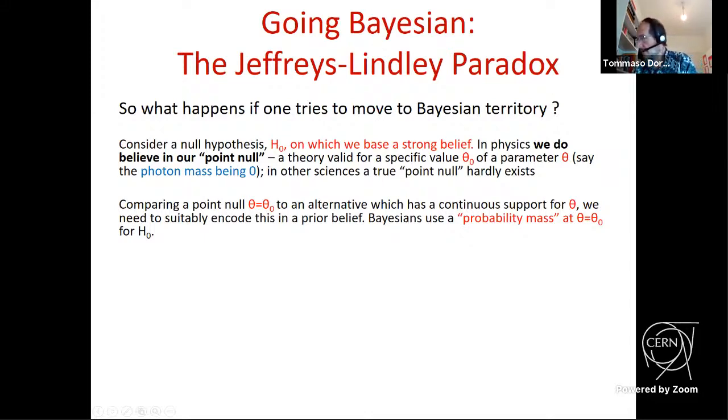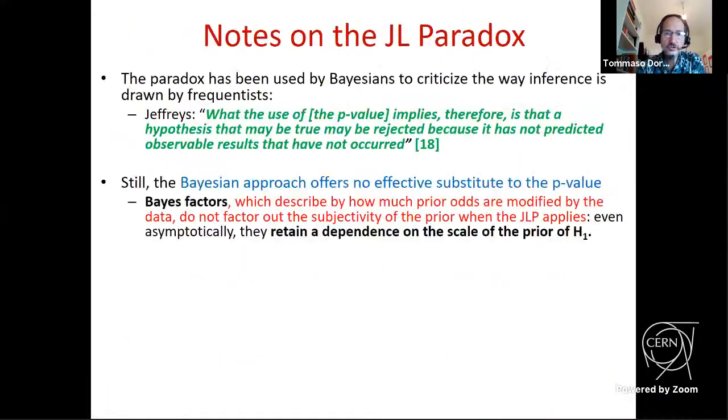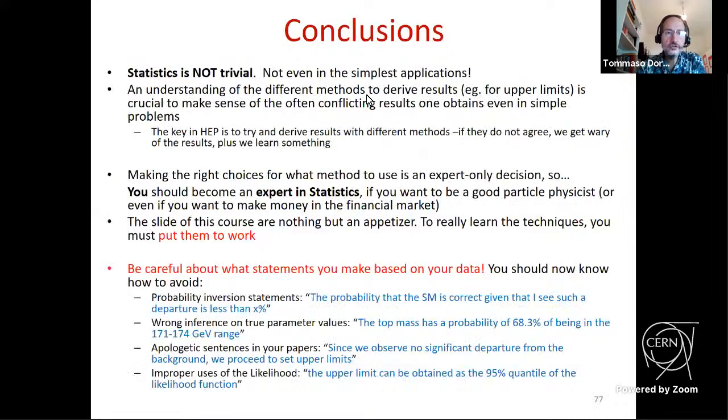So I think we can leave this Gaussian Jeffreys-Lindley paradox and just conclude. Okay, statistics is not trivial, and making the right choices for what method to use is very important. I showed you how having better estimators makes for better estimates.